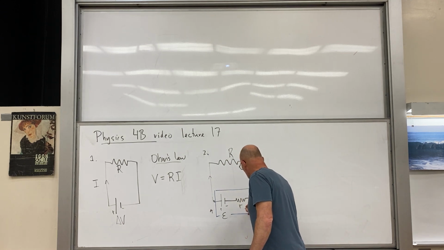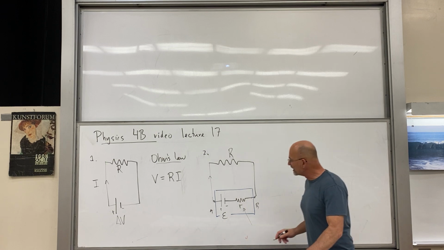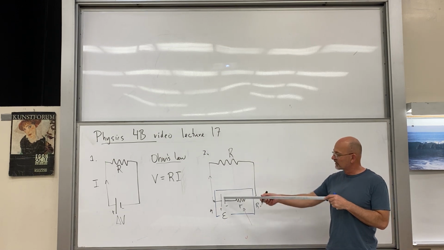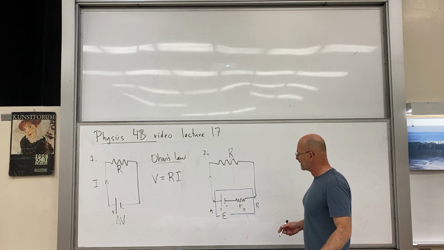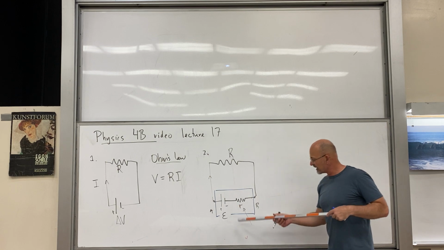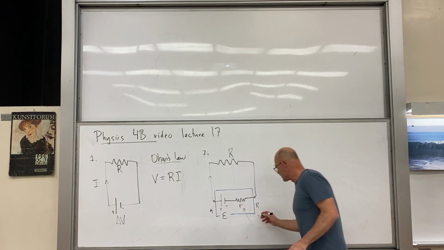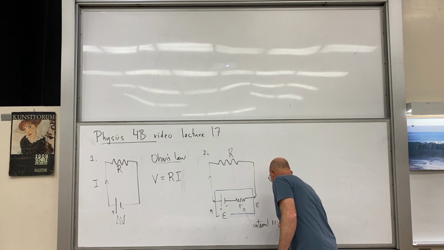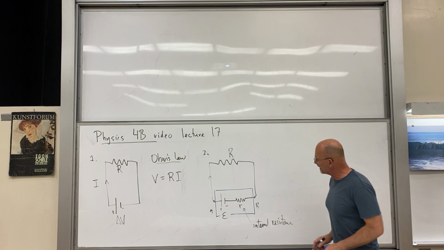So this was the internal resistance. Typically when we set up circuits, we'll just have a voltage, but we have to be aware of that. So that was the internal resistance of the battery. Cannot be eliminated.